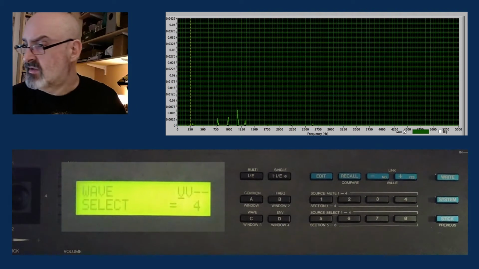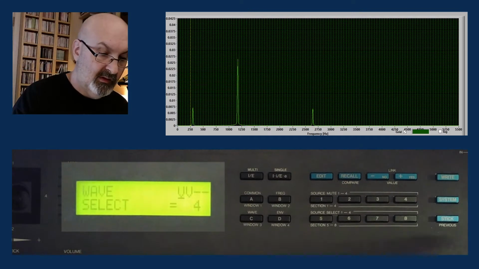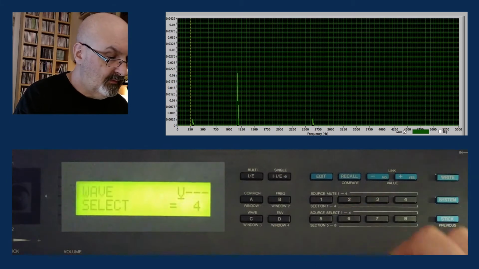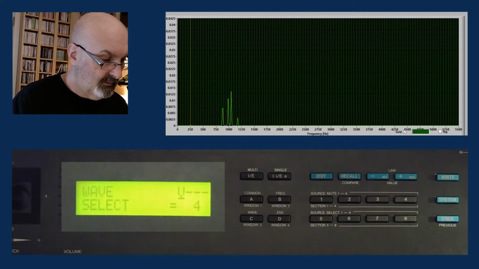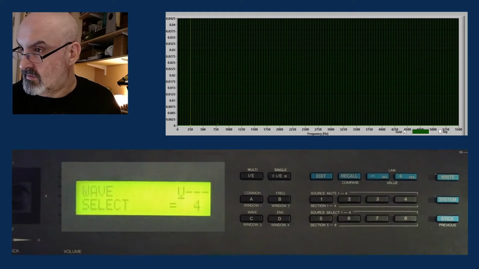So I'm going to simplify the sound first of all, and I want to change the waveform. Let's go for... Okay, I'm going to go for, let's have a look.